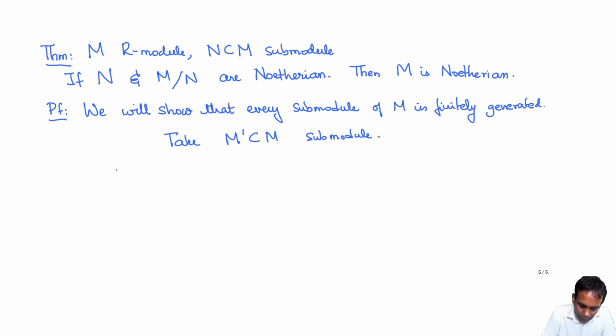So take M prime intersect N. This is a submodule of M prime, and this is finitely generated because it's also a submodule of N. N is Noetherian, so M prime intersect N is finitely generated.